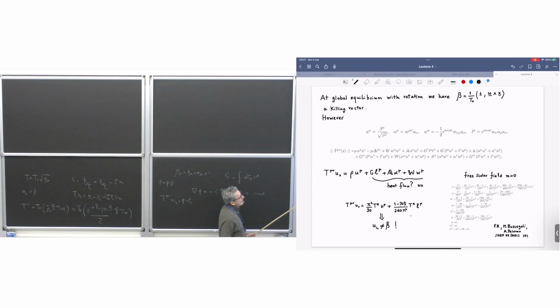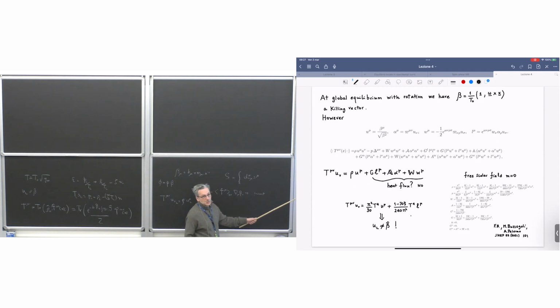This is a basis of a space-time, and you can decompose the stress energy tensor along this basis with suitable coefficients. What you can then do, you can calculate the projection of T mu nu onto U nu with all these coefficients, and you will find that if you, say, contract T mu nu with U nu, you get rho U mu here, which is the usual term. U here is, remember, the unit vector associated to beta.